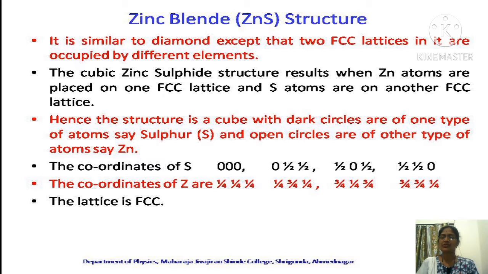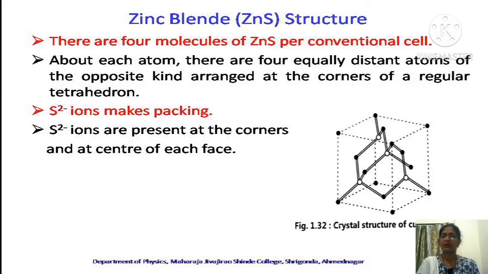Hence, the structure is a cube with dark circles of one type of atoms, for example sulfur atoms, and the open circles are of other type of atoms, that is zinc atoms. So dark color shows the atoms of sulfur and the hollow circle shows the atoms of zinc.